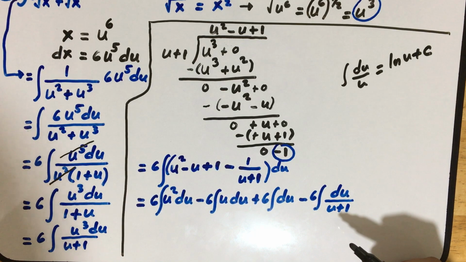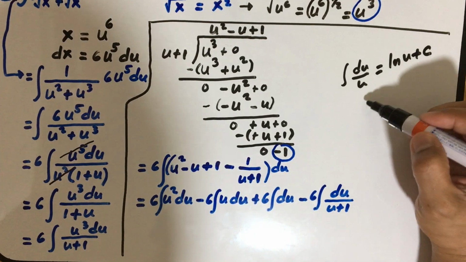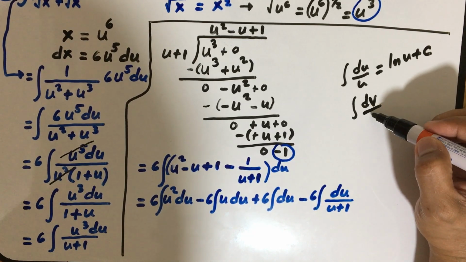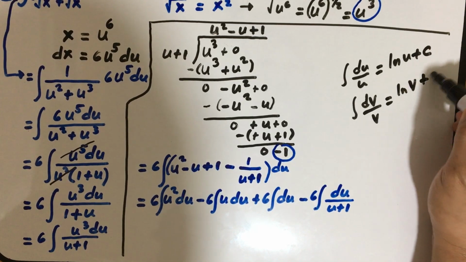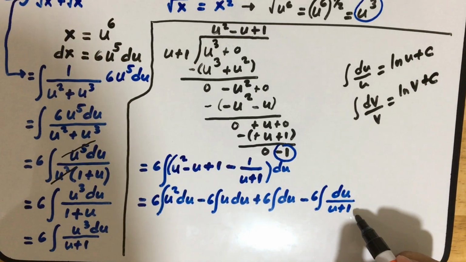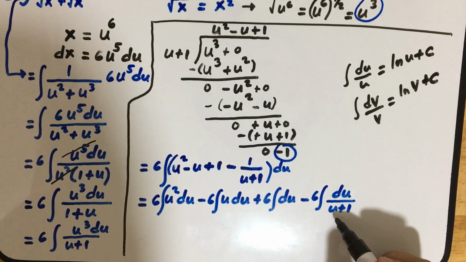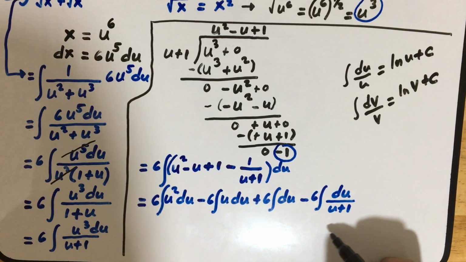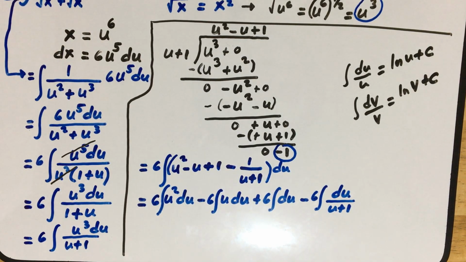Or if you want to use another variable, say dv, then dv over v is ln v plus c. So for example, if you let v equal to u plus 1, then your dv is equal to du.